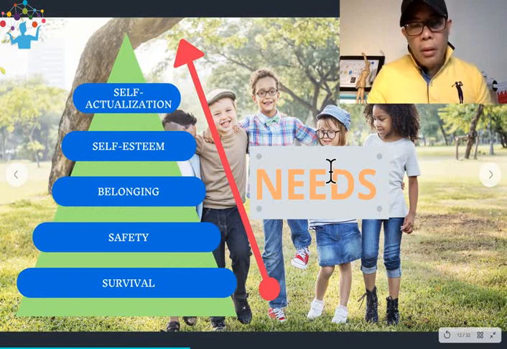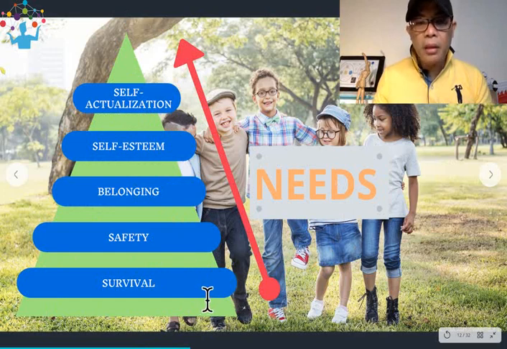Okay, so as you see here, you see the hierarchy of needs. According to the theory, we have to begin with addressing something that is very basic: survival, safety, belonging, self-esteem, and self-actualization.